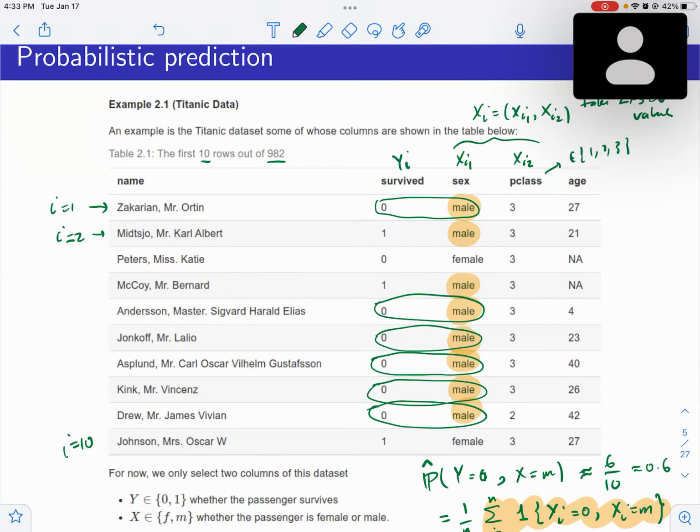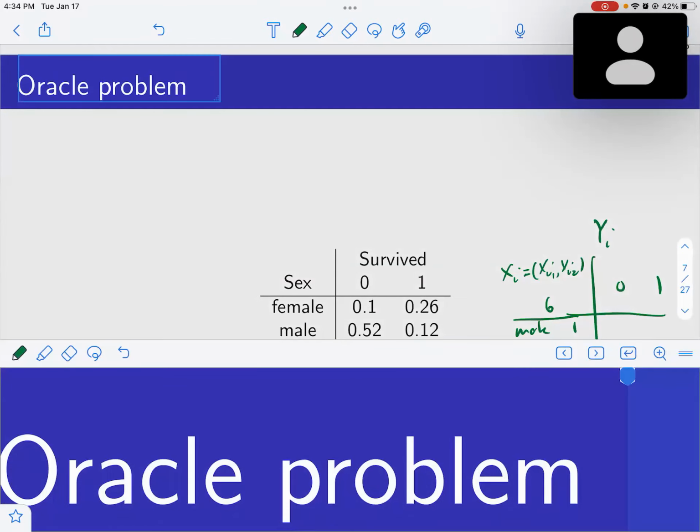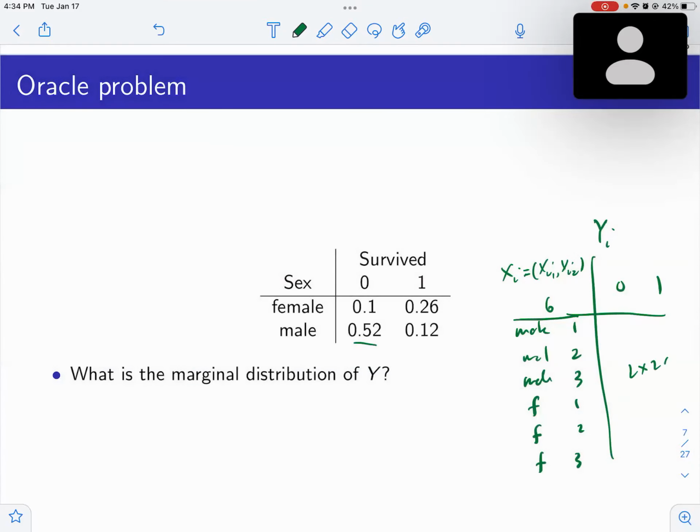I get a new joint distribution. Now it's described by 12 numbers, which is 2 by 2 by 3: 2 is the number of levels of y, 2 is the number of levels of this, and 3. So 12 is the number of elements of this, 2 by 2 by 3 numbers.